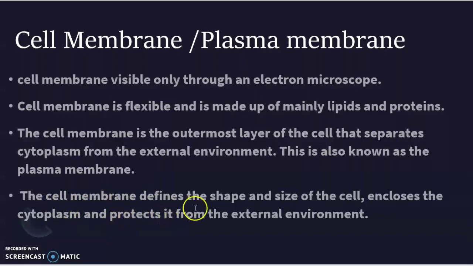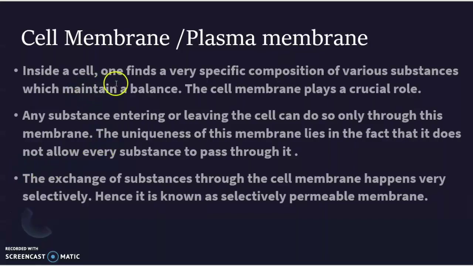The cell membrane defines the shape and size of the cell, encloses the cytoplasm and protects it from the external environment. Also, inside a cell one finds a very specific composition of various substances which maintain a balance. The cell membrane plays a crucial role in maintaining the balance of the cell.